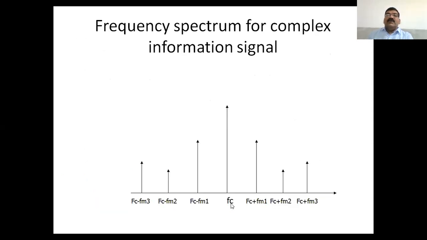So here you have this Fc. As I explained, Fc minus Fm1 is one of the sidebands with comparatively lower frequency. Then Fc minus Fm2, Fc minus Fm3. So depending on the frequencies Fm1, Fm2, Fm3, the location of the sidebands will be decided here. For convenience, we decided that Fm1 is lower, Fm2 is higher than that, and Fm3 is higher than that.